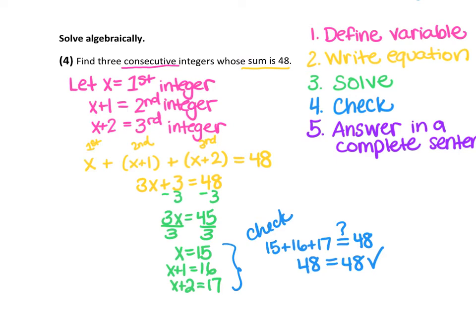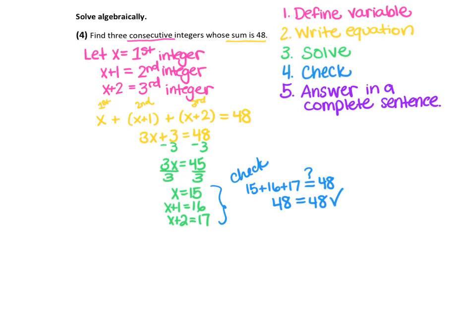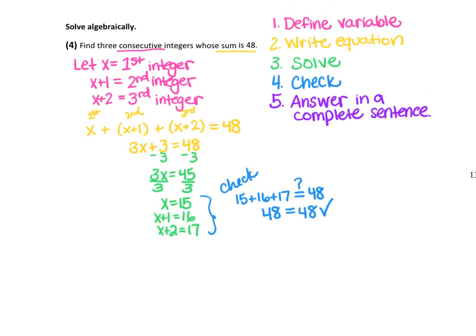Now we're going to answer the problem in a complete sentence. So all I'm going to do, it says find the three consecutive integers. I'm going to say the integers are 15, 16, and 17.